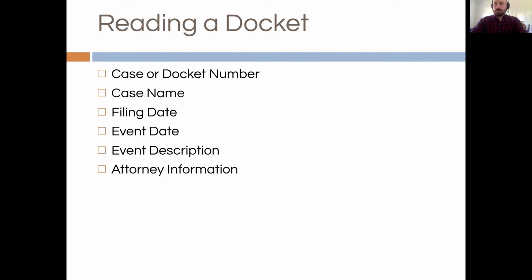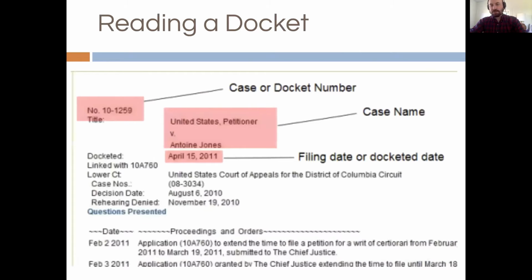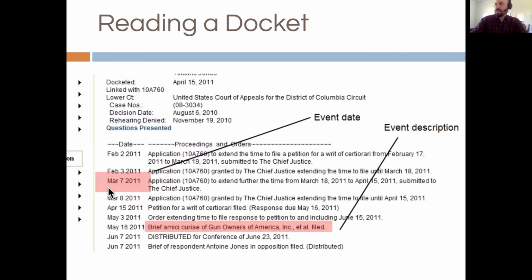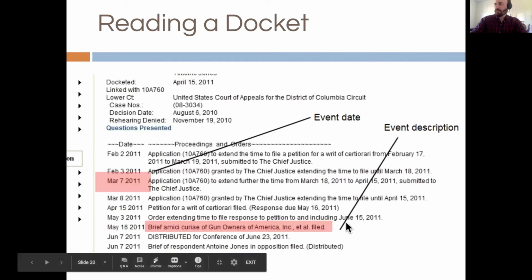Now let's take a look at the actual caption to a case on a docket. So this is a screenshot from PACER, the filing system and document system for the federal courts. And we see the case or docket number up there, the parties' names, and then the filing date up there. And then lower down, you see event dates and event descriptions.